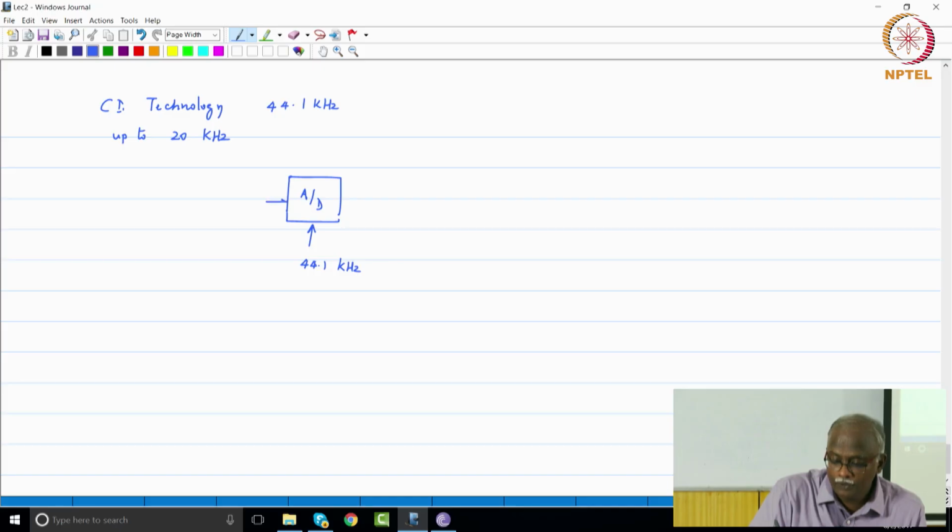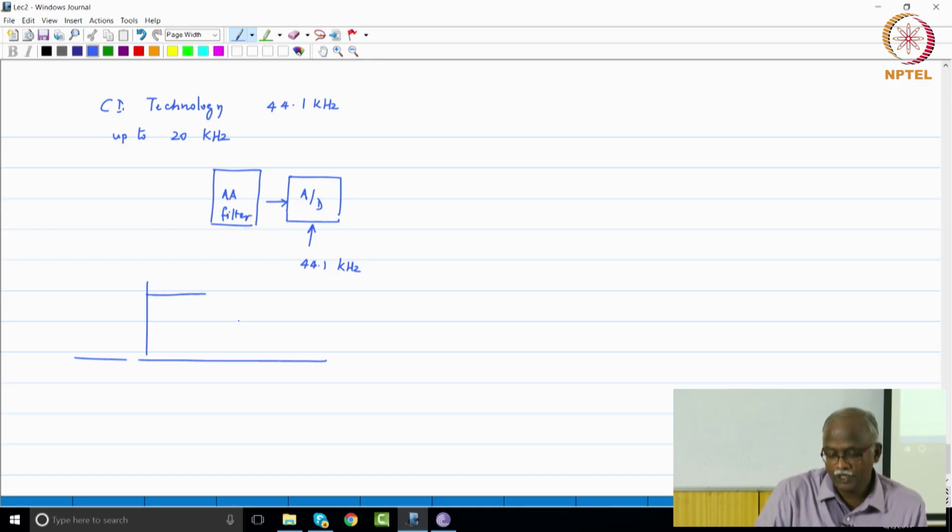Now, if I am going to sample it at 44.1, you know that you have to have an anti-aliasing filter, AA filter. I want you to help me design the anti-aliasing filter. Anti-aliasing filter should not cause any distortion in the portion of the signal of interest. So, all the way up to 20 kilohertz, if that is what I am trying to preserve, it should be flat in response.